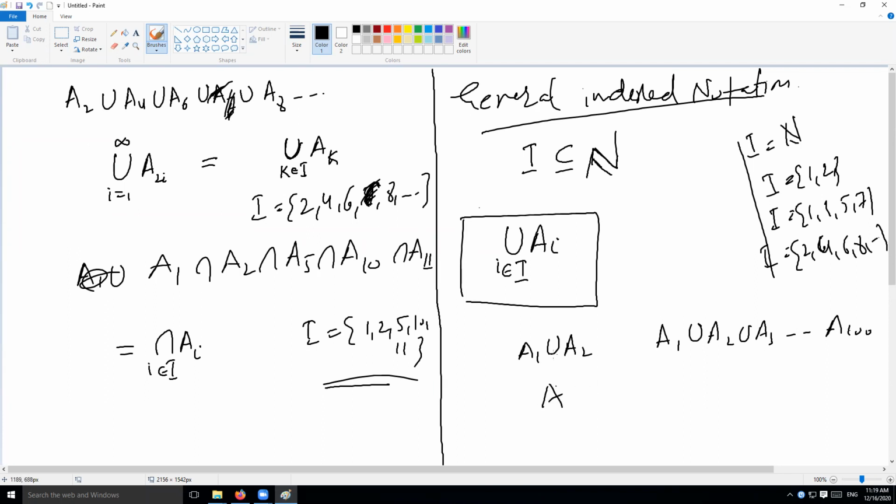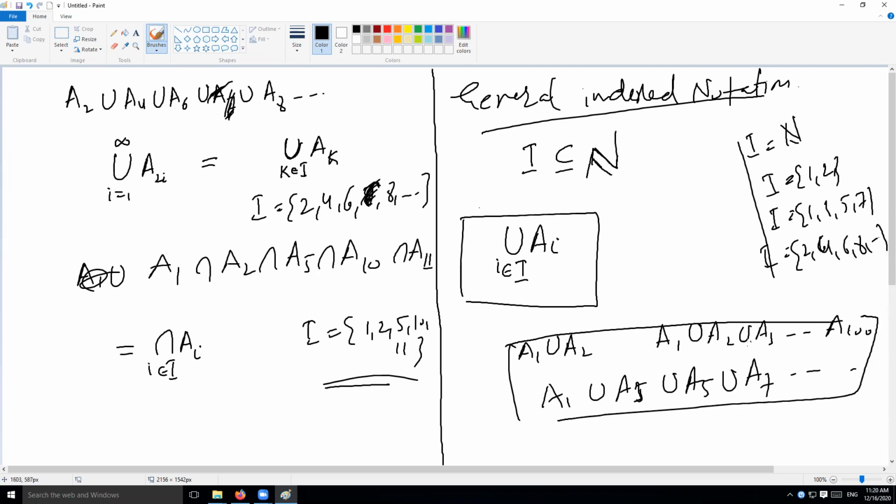It also captures A1 union A5, A3 union A5 union A7, and so on and so forth. In other words, all these different kinds of possible unions that you have, finite or infinite, they all are put in a single notation.